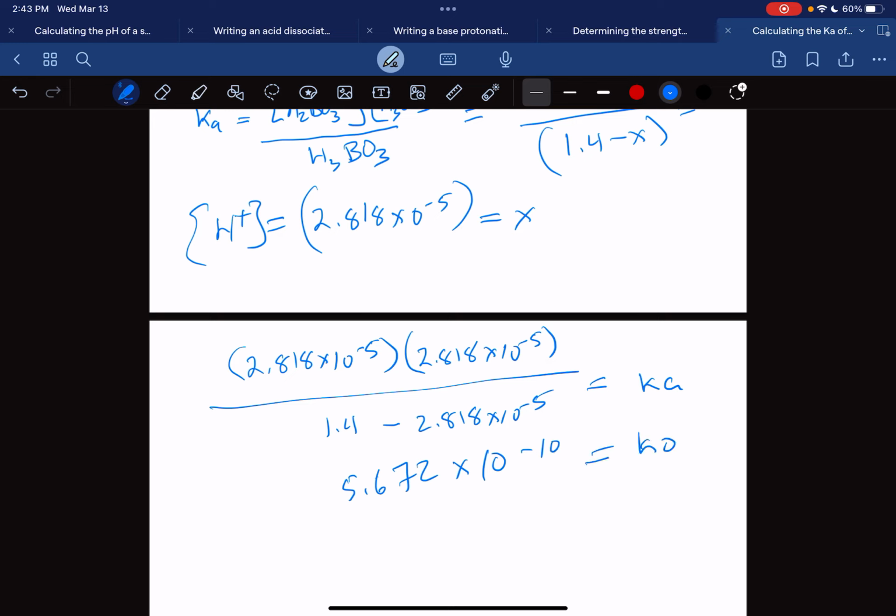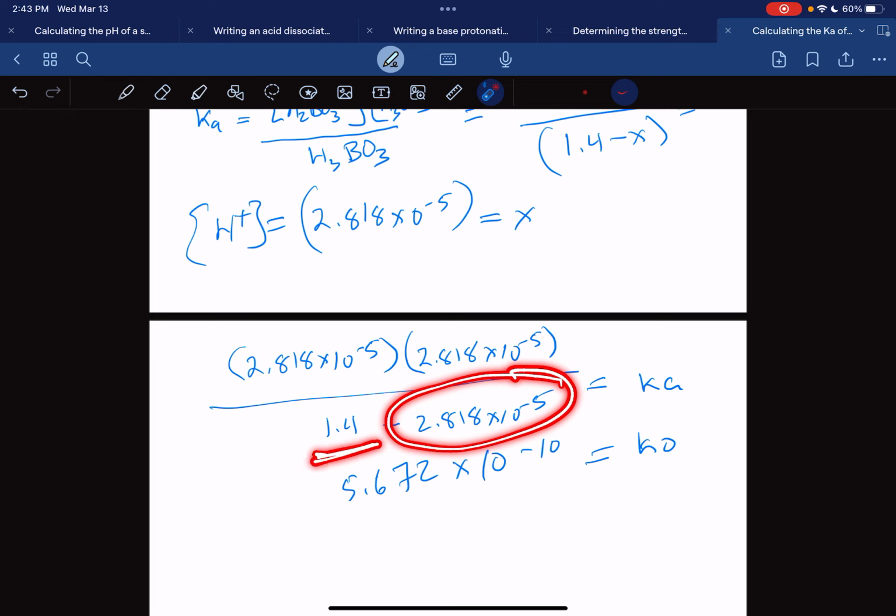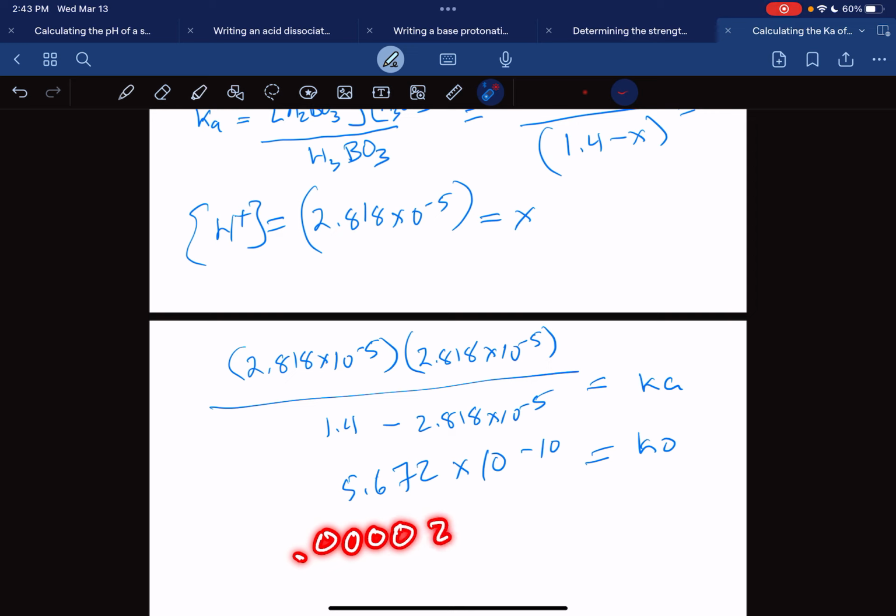Now, by the way, if you're wondering about this expression right here, do you know what happens when you take this and you subtract it from this? This is essentially 0.0000281. And if I were to add that to 1.4, do you see how this right here is completely negligible?